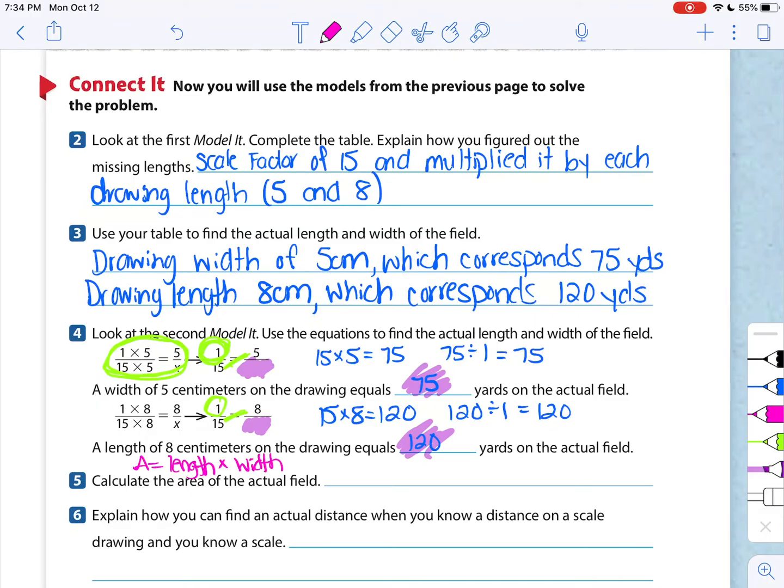So to calculate the area for this problem, we want to multiply 120 times 75, which equals 9,000. And we're talking about yards, and we're talking about area, so it's yards squared.